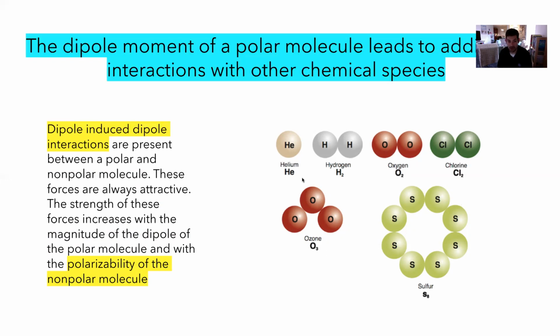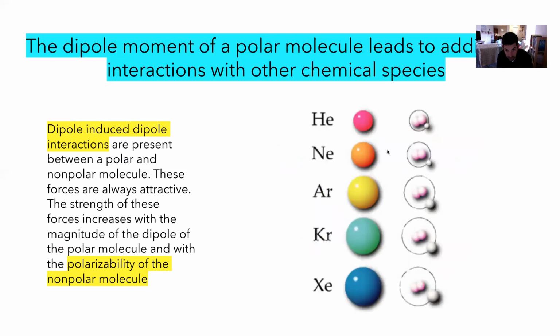So again, the more electrons we have, the more polarizable, and that's an important feature, the polarizability of the nonpolar molecule when we think about dipole-induced dipole interactions. Again, when we're thinking down the periodic table, the bigger the atom itself is, the further away its electrons are, the more polarizable.